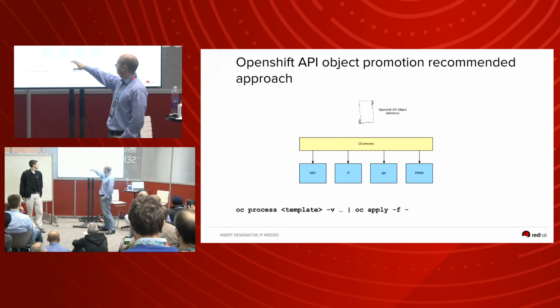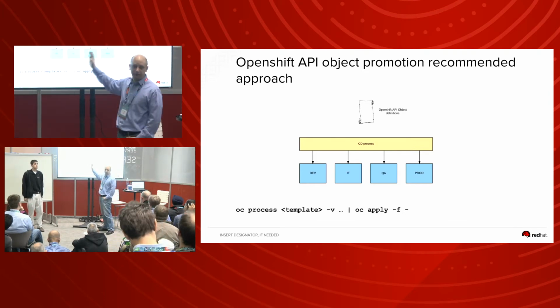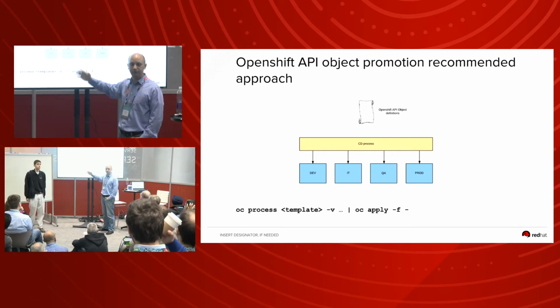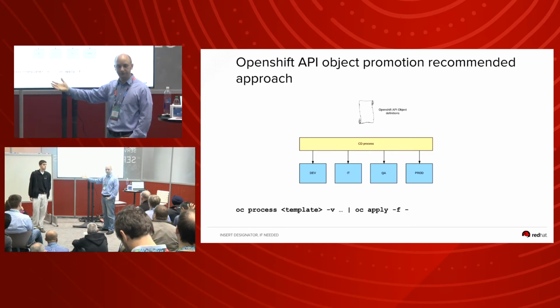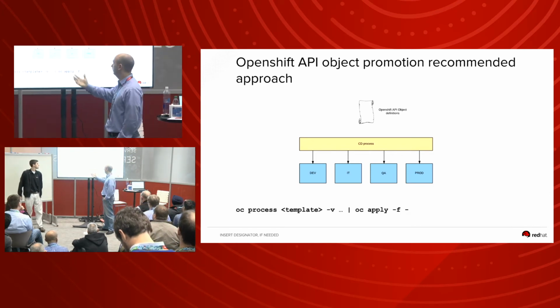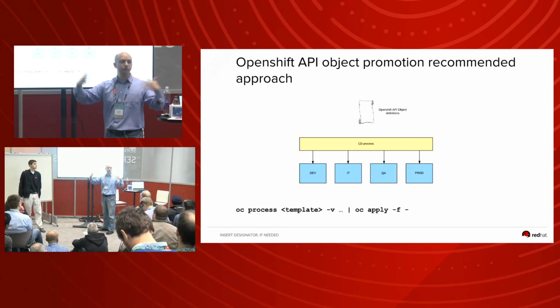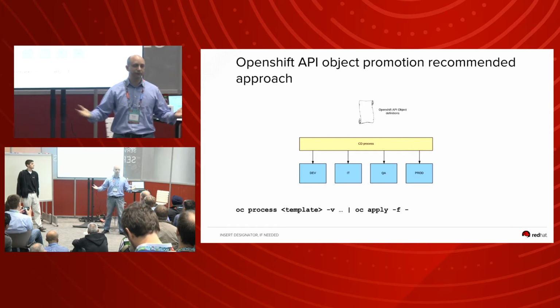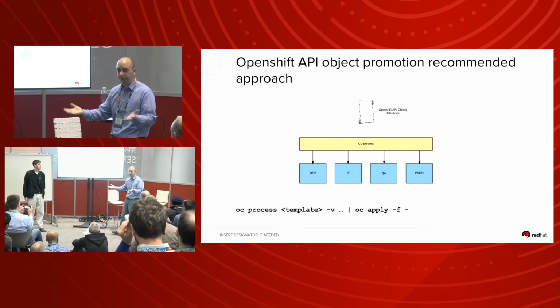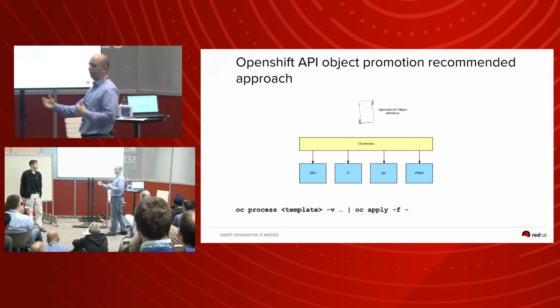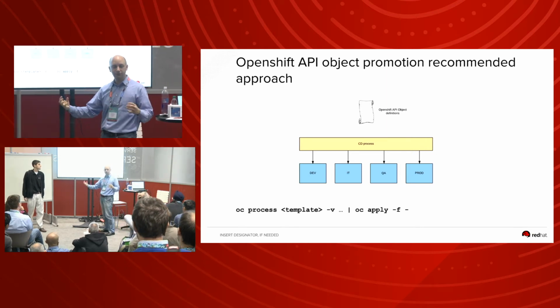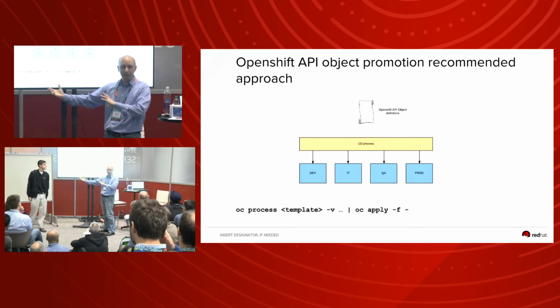And you may need to update these objects during a release. For example, you may be adding a container to your pod, or adding a new component to your application, or changing the size of a container, adding more memory or more CPU.